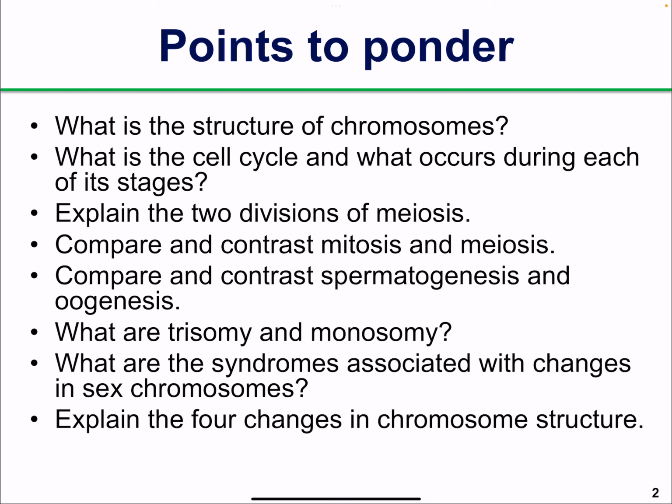Two, what is the cell cycle and what happens during the different stages of the cell cycle? I want you to be able to explain the two divisions of meiosis, but also the segments of mitosis, which is the second type of cell division.